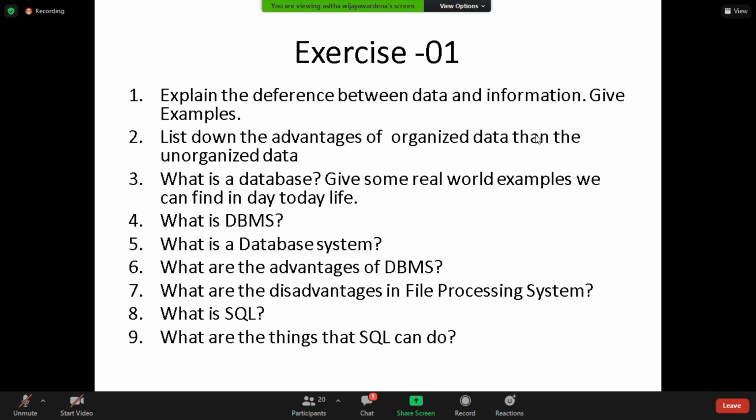So you may not be able to properly locate the existing record and change the value. You may then run into many different problems, because when you retrieve the value, it can have many different values. Likewise, there are many advantages of using a DBMS and databases rather than file processing systems.